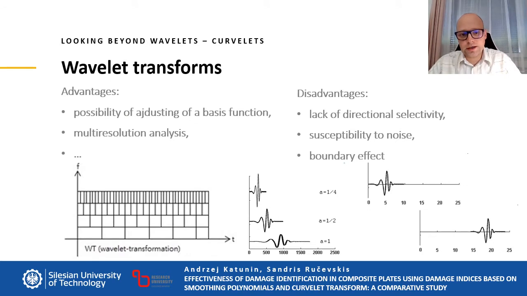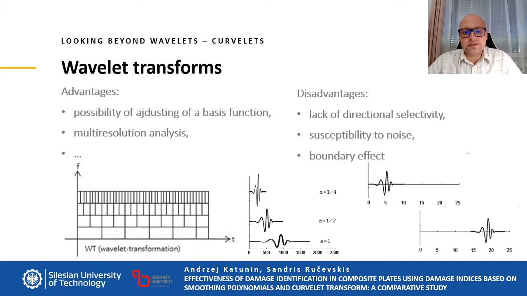Another approach is based on space-frequency transforms, and one of the most widespread is the wavelet transform with several modifications of the basic one, but the general idea and advantages of this transform is the possibility of adjusting a basis function to a tested signal, multi-resolution analysis, and sensitivity to damage.